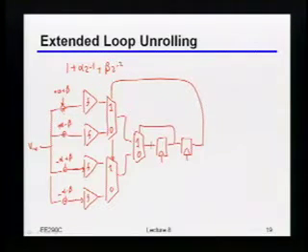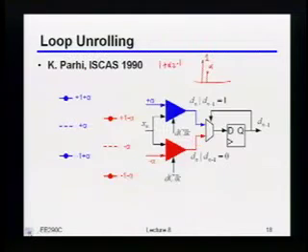And by the way, you can even push this one flip-flop around a little bit if you want to, as long as you don't need that information to close the next tap. So in other words, you can actually pipeline this thing a little bit. But again, most practical designs, if they do any loop unrolling, usually only do the first tap.